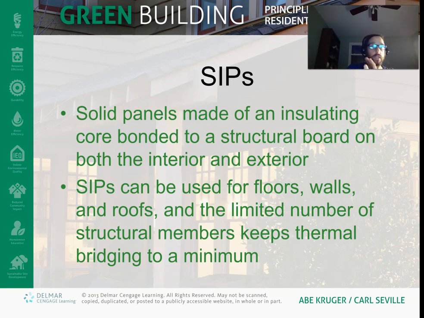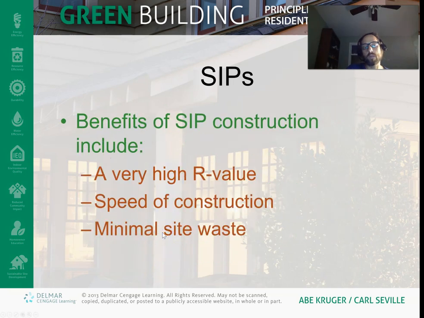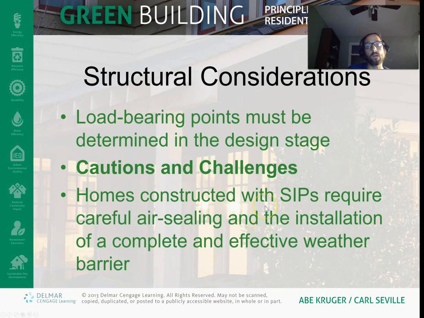Now these have to be prefabricated, and it can get a little bit tricky because you have to really figure out your building design beforehand. But they're a very high R value. You can put it together really quickly, since your pieces are there and you're just putting the pieces together. So there's much less building waste.